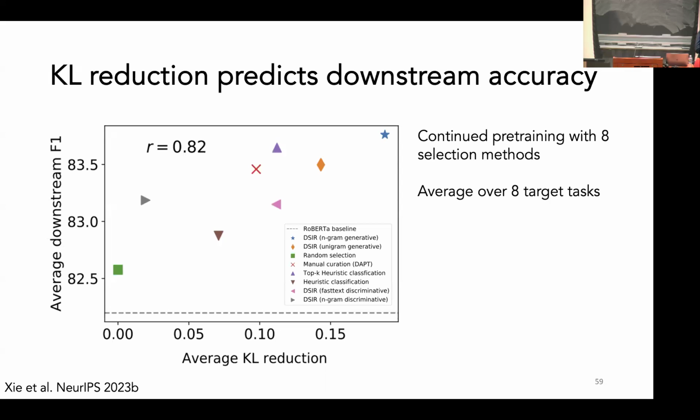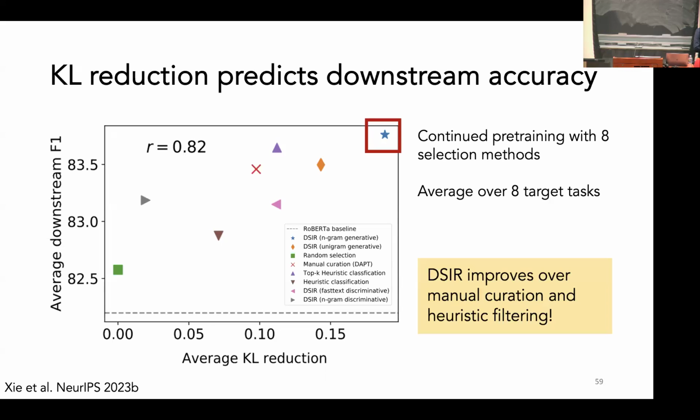We can see that there's a high correlation between KL reduction and the downstream accuracy, with a Pearson R of 0.82. And this shows that the similarity in hashed n-gram space is meaningful for downstream accuracy. And in particular, on the top right corner with the best KL reduction and downstream accuracy is DSIR, which improves over both manual curation and heuristic filtering.